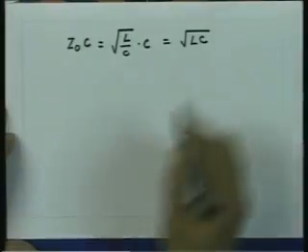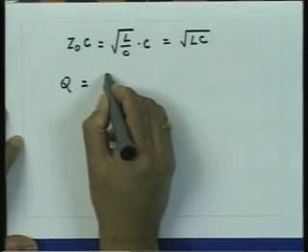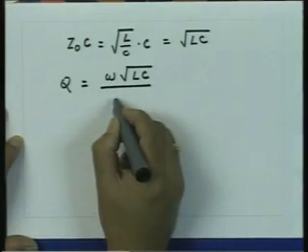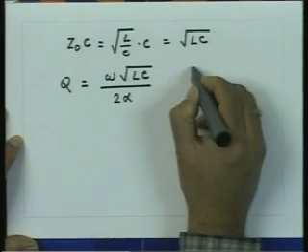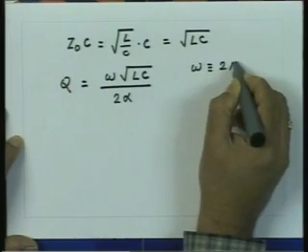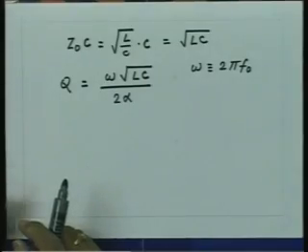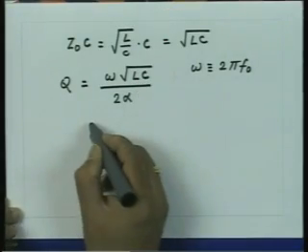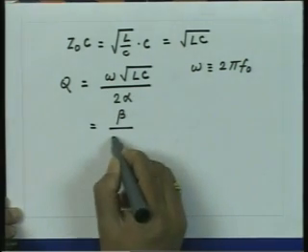So, the numerator now in the quality factor Q is omega square root L C divided by 2 alpha, where omega is nothing but 2 pi into the frequency. Now, if you recall, this quantity omega square root L C is nothing but the phase constant of the transmission line beta. So, this quality factor Q is beta divided by 2 alpha.